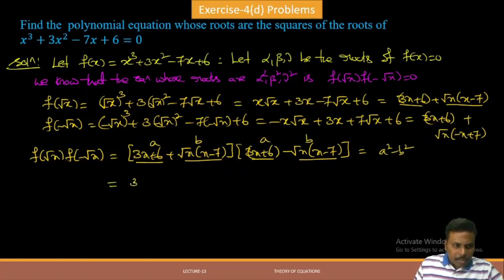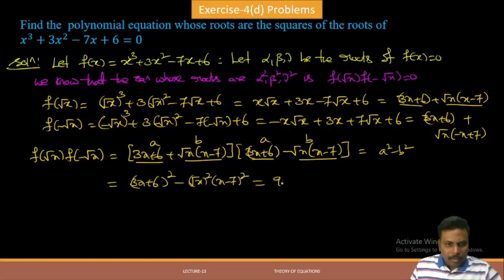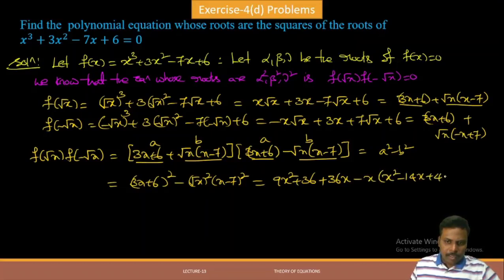So that is 3x plus 6 whole square minus root x whole square into x minus 7 whole square. So this is 9x square plus 36 plus 2 into 3, 6, 6 into 6 is 36x, minus x into x square minus 14x plus 49.